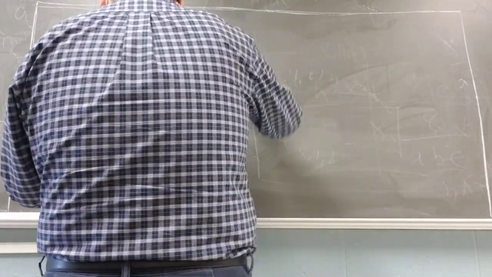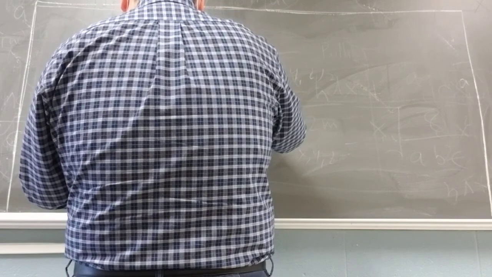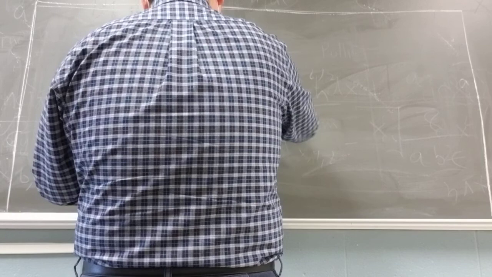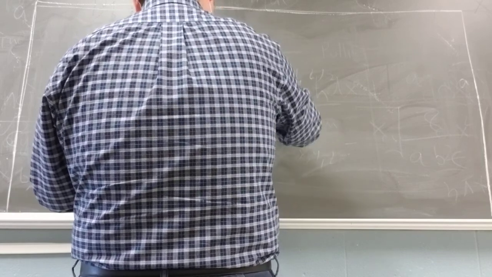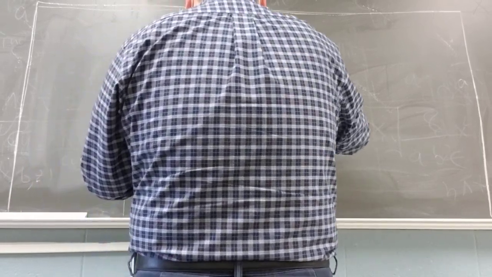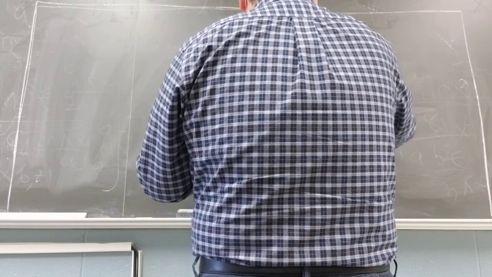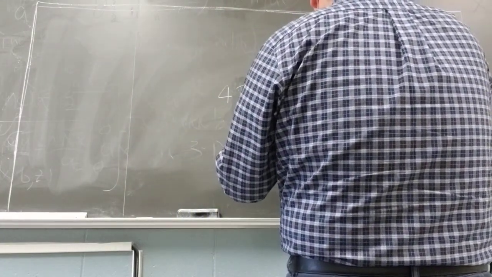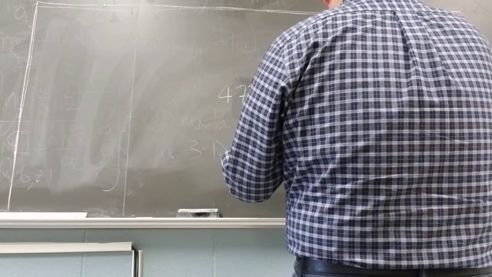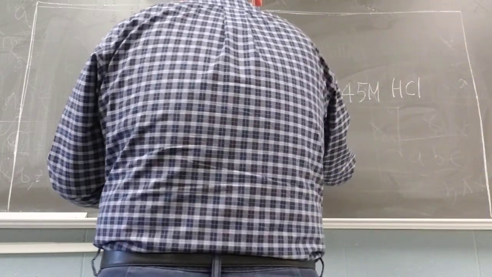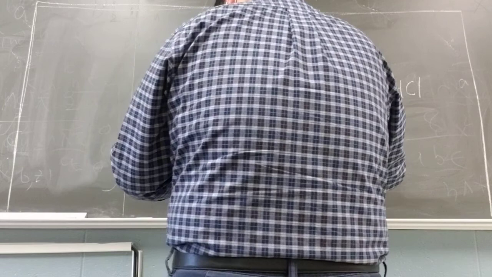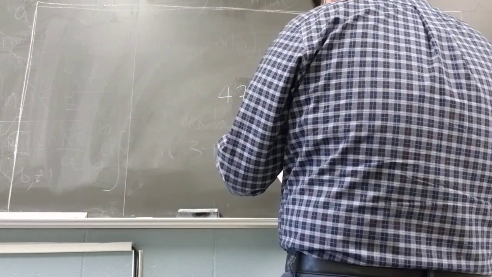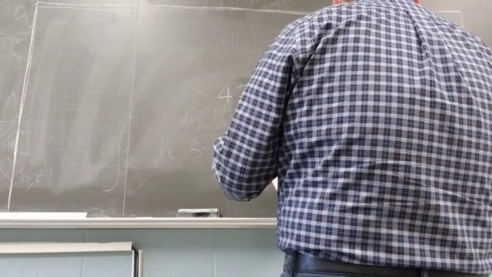So if you want to make 472 milliliter of 0.045 molar concentrated HCl from 0.212 molar HCl stock solution.